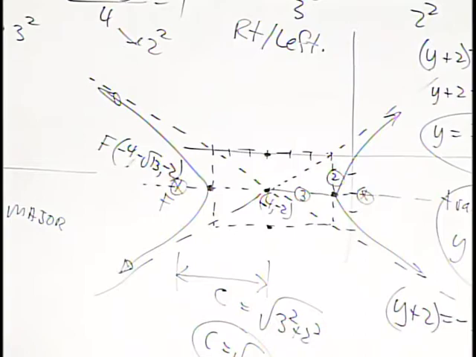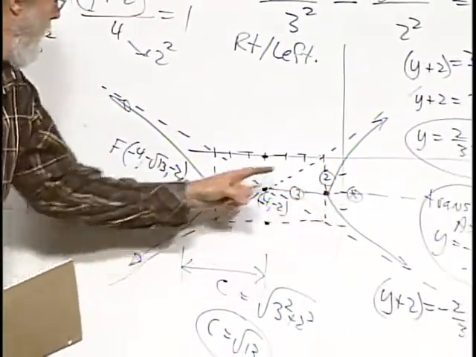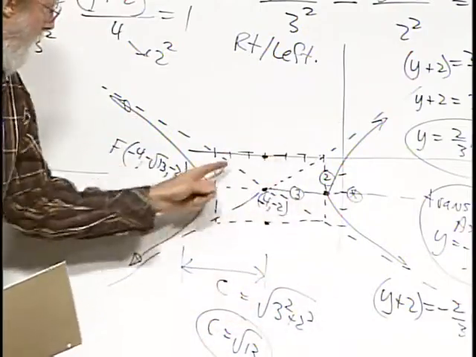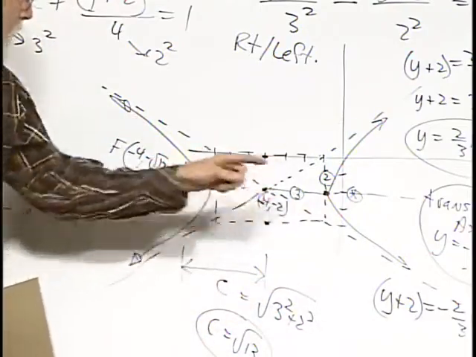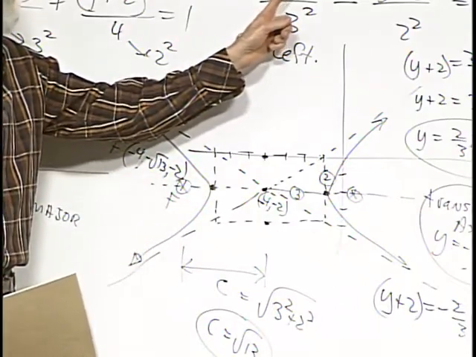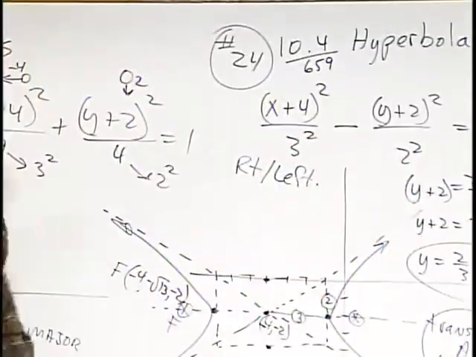Anything else I should say about that? We have the focus points located, we have the asymptotes defined, we have the fundamental rectangle, which is absolutely critical, and you see that it's a left-right opening one because of the x terms being treated positively and the y terms negatively.